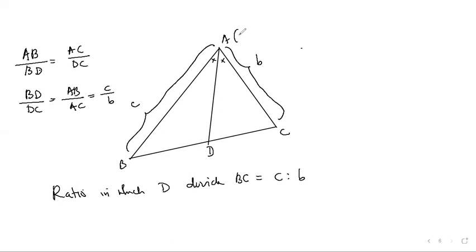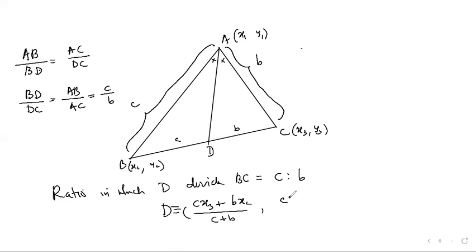So if I take the coordinates of the vertices as x1, y1, x2, y2, x3, y3, then the coordinate of D would be, they are dividing in what ratio? c is to b. c will multiply x3, b will multiply x2, divided by c plus b.